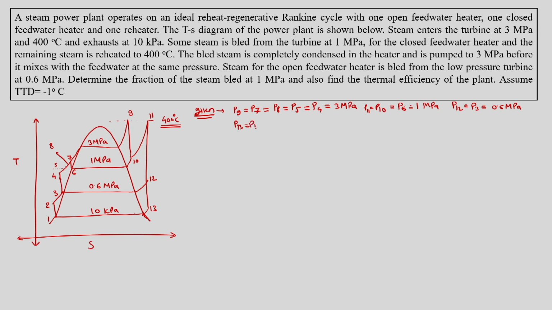P13 is equal to P1 is equal to P2, which is 10 kilopascal. Then we are told that T5 is equal to T6 plus 1 degree Celsius. We are also told that T9 is equal to T11 is equal to 400 degrees Celsius. So knowing this, we can proceed with this example.